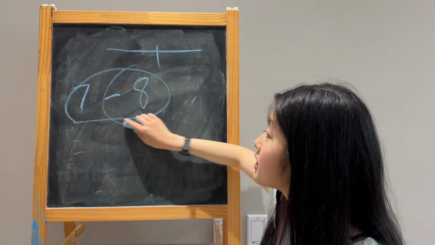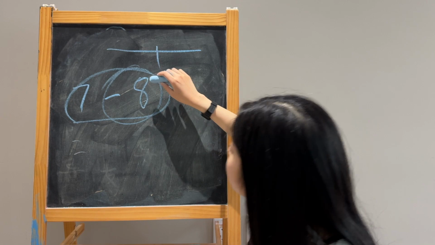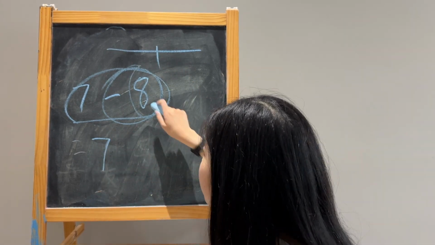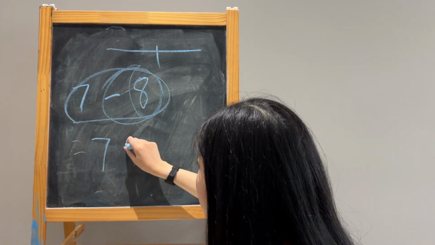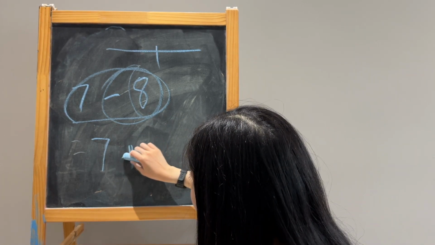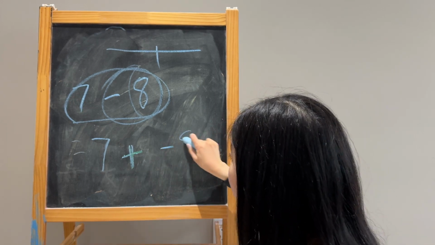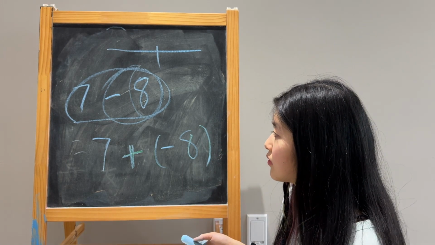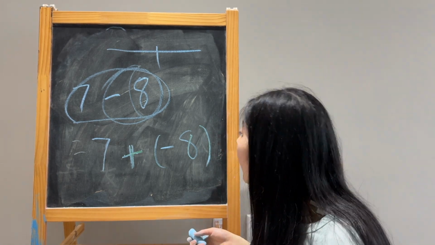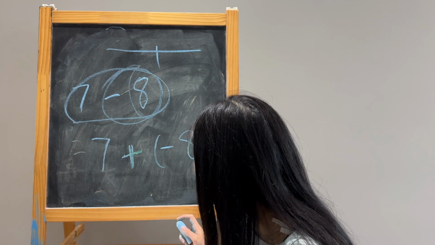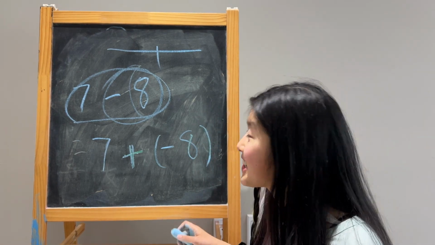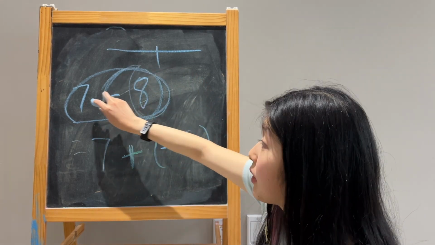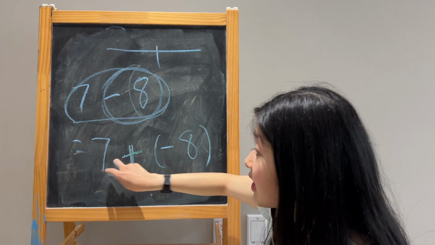So we take the opposite of this, we put the plus sign here, and we'll just keep the -8. I'll get into this in a little bit actually. Maybe next time. Yes, definitely next time. But basically, as you can see from here, 7 minus 8 is literally just equal to 7 plus -8.